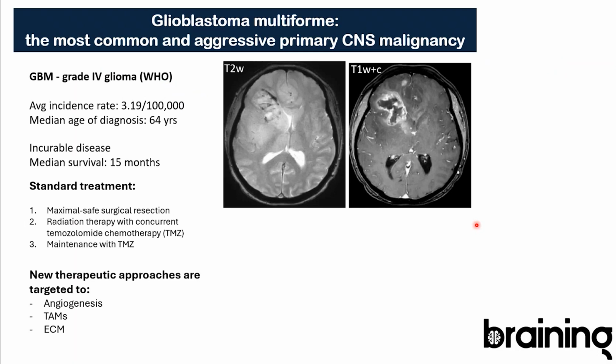You might be aware that glioblastoma multiforme is considered the most aggressive primary central nervous system malignancy. It is also called high-grade glioma. As you can see from this picture, this is a real MRI performed on patients.